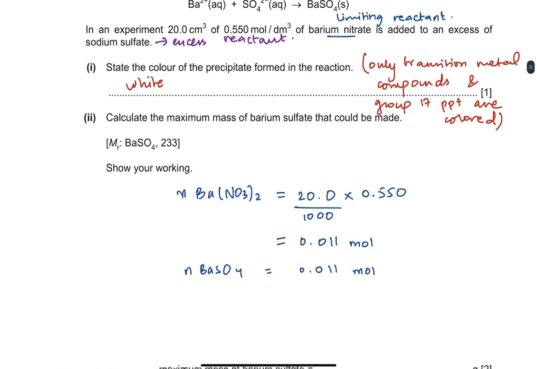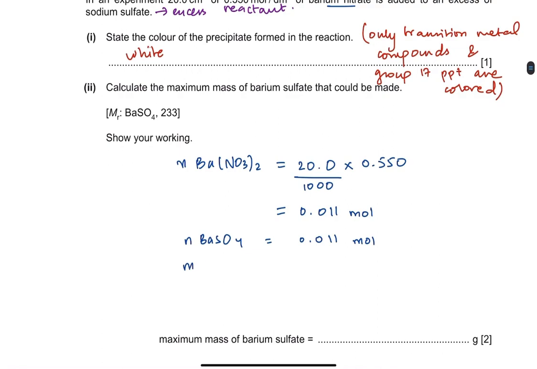Now how do I find the mass? The mass of barium sulfate is equal to the moles of barium sulfate times its molecular mass. The molecular mass can be found by barium plus sulfur plus 4 times oxygen.